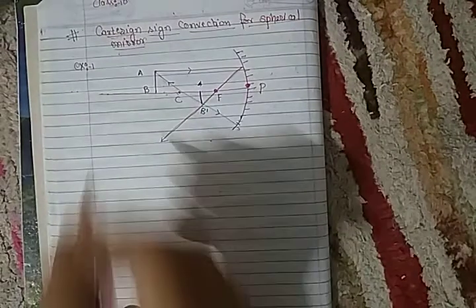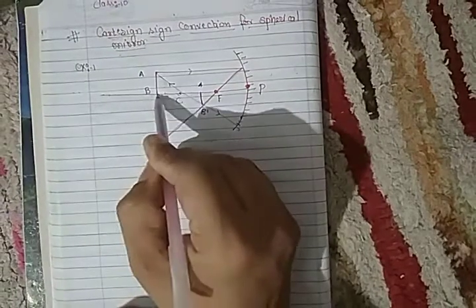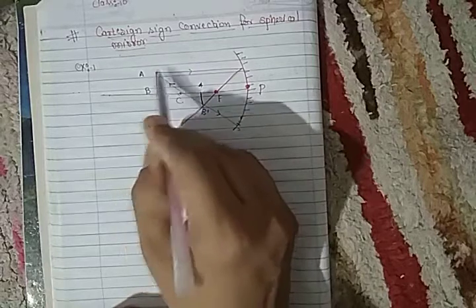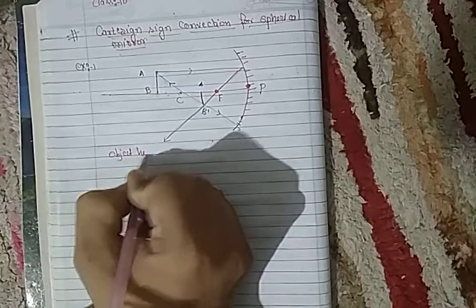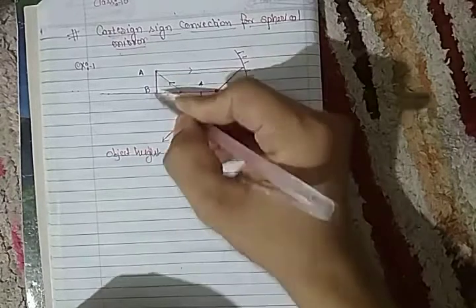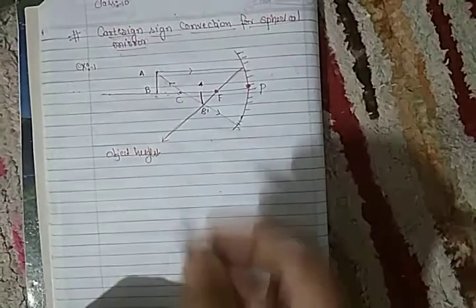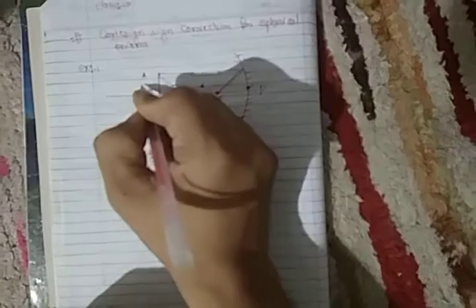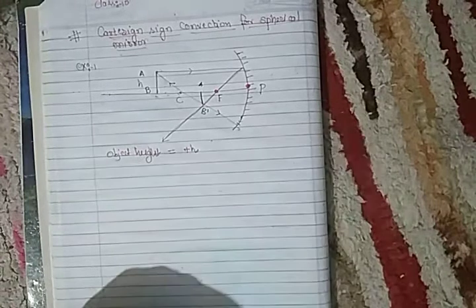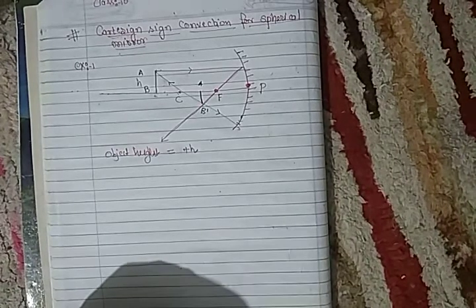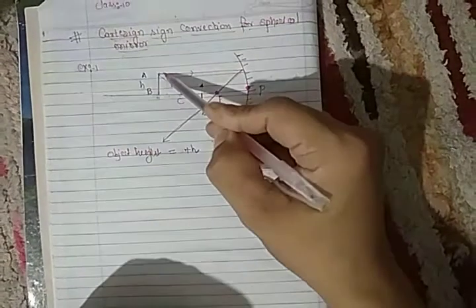See, first of all, this object is above the principal axis. So I can say object height, if I suppose h, so this h is always positive. As I told you, rule number 5, above the principal axis, positive.